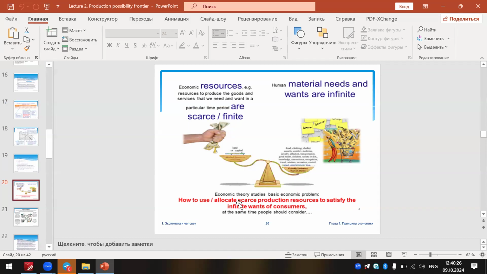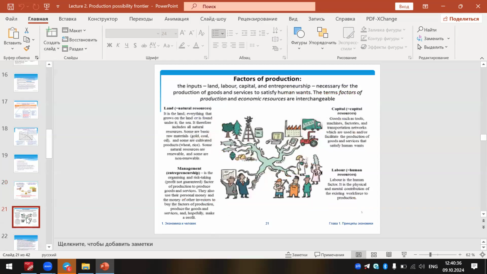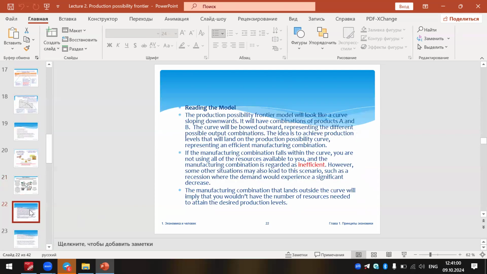So this is the law, and this is the main aim of economy: how to use these scarce resources and how to maximize the profit with available limited resources. So factors of production, as I remind you, I asked many times today the question: land, management, capital and labor, 4 categories, also should be in your mind, yeah?